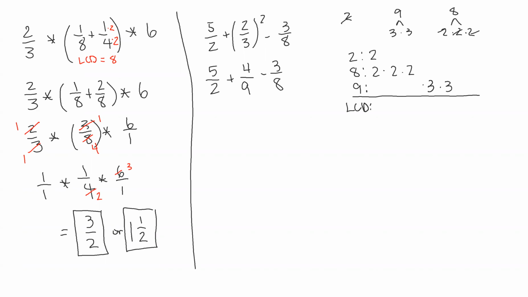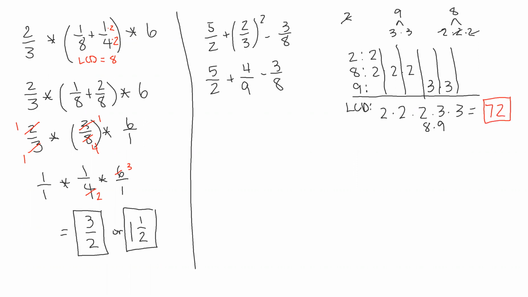Remember, once you have a number in a column, you can't put another type of number in that column. So the product for the value of each of these 5 columns is going to be the LCD. So I get a 2, 2, 2, and then a 3 and a 3 column. When I multiply this out, I get 2 times 2 times 2, which is 8. I get 3 times 3, which is 9. At the end of the day, the LCD is 72.